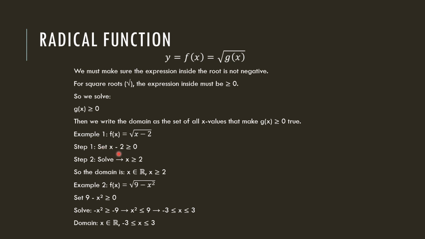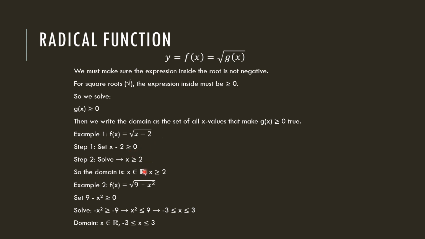The inequality x minus 2 greater than or equal to 0 is solved as x greater than or equal to 2. So the function will be able to produce an output only if I substitute an x value that will make this whole expression greater than or equal to 0.